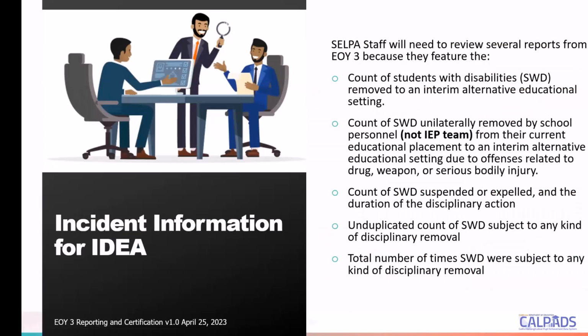Those reports provide the count of students with disabilities removed to an interim alternative educational setting, and the count of students with disabilities unilaterally removed from school by personnel not on the IEP team. It also provides the count of students with disabilities suspended or expelled and the duration of that disciplinary action, and the unduplicated count of students with disabilities subject to any kind of disciplinary removal.